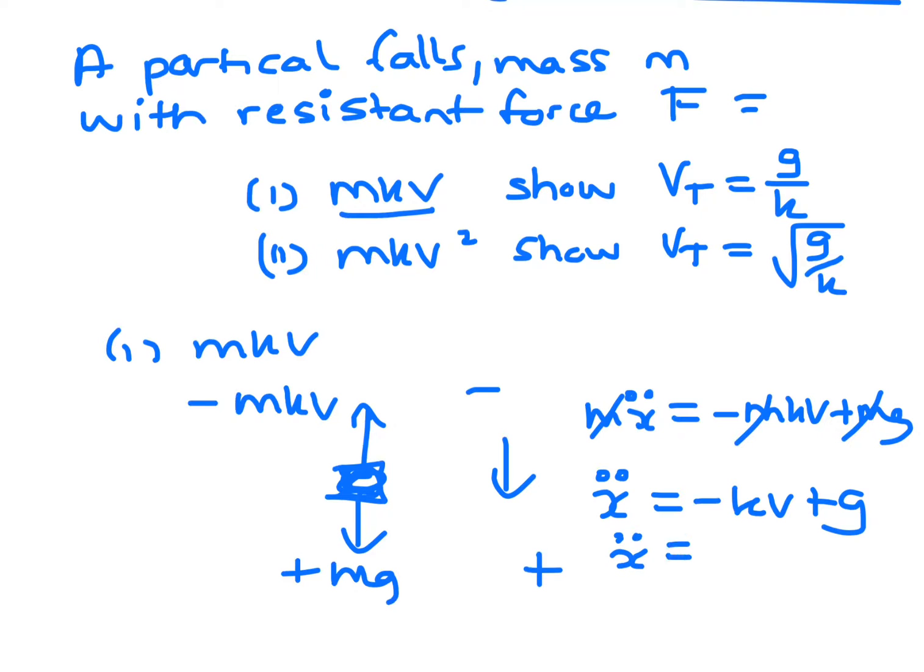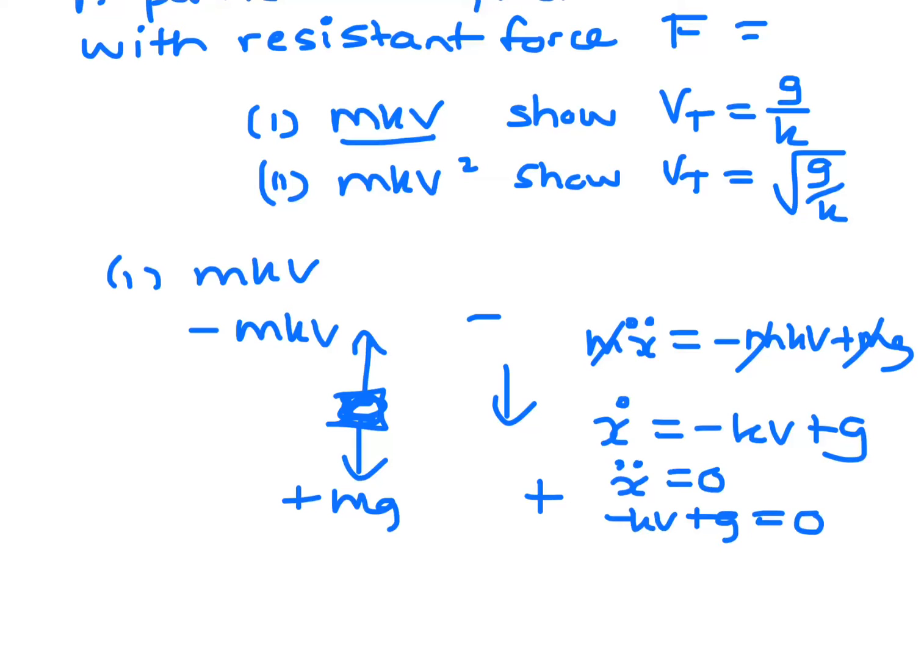When the acceleration equals 0, minus kv plus g equals 0. That means g equals kv, and if you divide by k, you get v equals g on k, which is the terminal velocity.